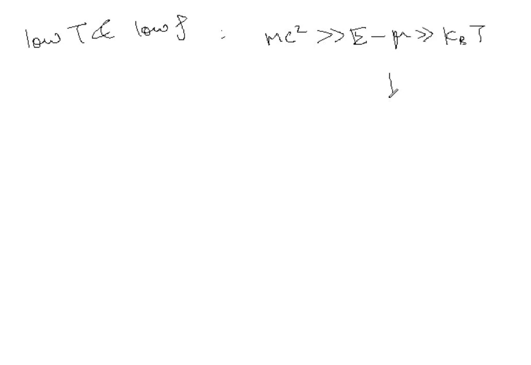So low T and low rho, such that mc square is much greater than E minus mu, much greater than kBT. So this is just like your old Maxwell-Boltzmann distribution. However, we will look for a small correction in order to estimate the number of pairs. So in this approximation, we have this relation.